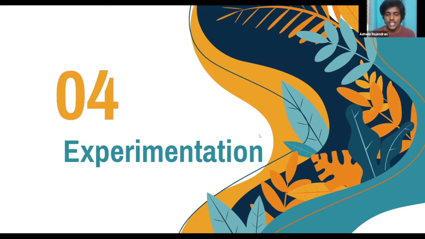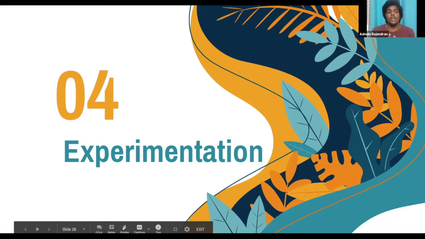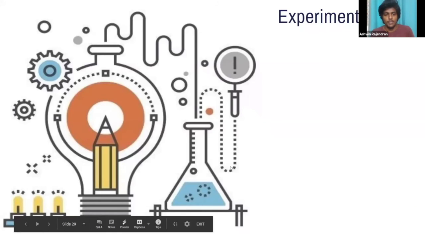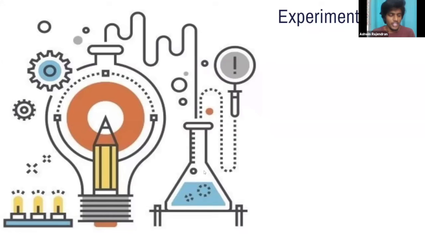In the fourth step, we are going to build a prototype, a visual representation of our final solution. This experimentation process brings many ideas to life, and it also helps us to be more tangible by building more prototypes.